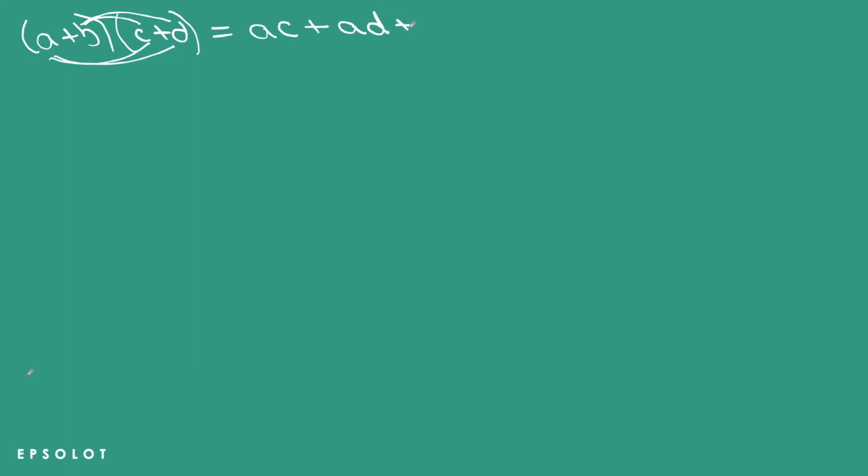It's a very standard thing: if you have an expression within a bracket that is being multiplied with another addition in another bracket, you need to multiply the first variable with the first one, then the plus, then multiply it with the next one, and so on. So if you're asked to expand this huge expression, you end up getting a times c plus a times d plus b times c plus b times d, right? So we're doing that in an orderly fashion.